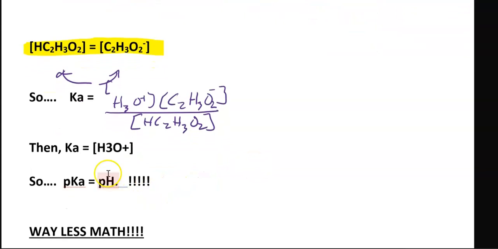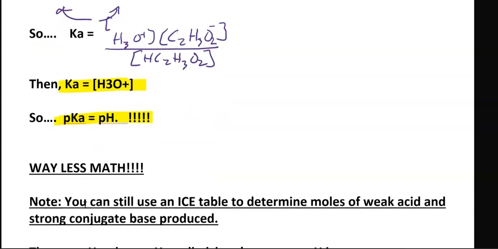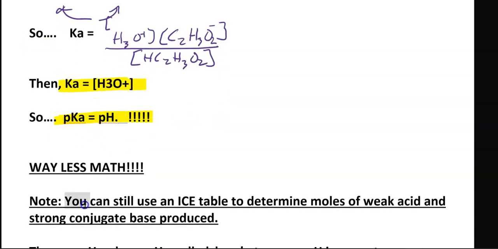Woohoo! So please make a note of that. When you're at the half equivalence point, the Ka is your hydronium concentration. So if you get the pKa, and you know how to do that, just take the negative log of that, that's going to equal the pH. Wow! Shortcuts, and that took way less math. Okay? Excellent.